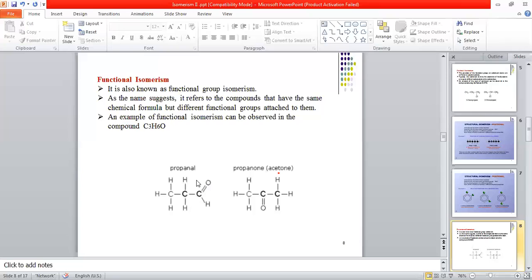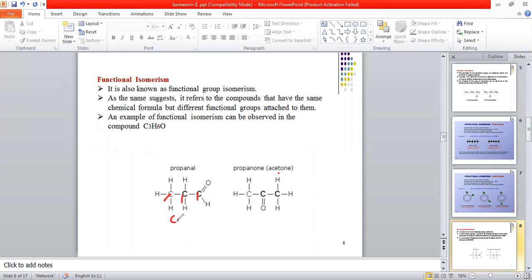For example, here you can see this one is propanal, this one is propanone, having the same chemical formula but different functional groups. Here you can see the number of carbon atoms is how many? Let me take a pen. Number of carbon atoms is 1, 2 and 3.